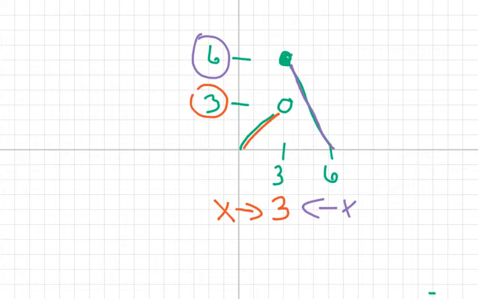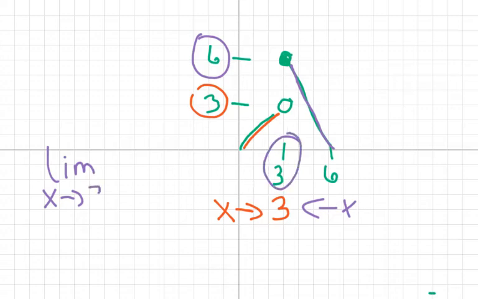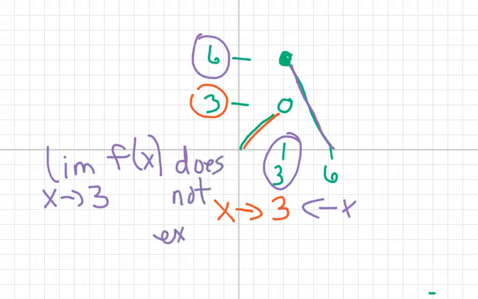Since you have two different values here, we say that the limit as x approaches 3 of this f of x graph does not exist. So you're just going to write does not exist.